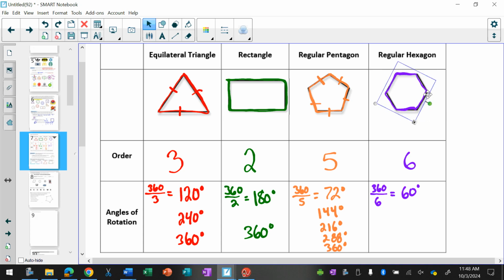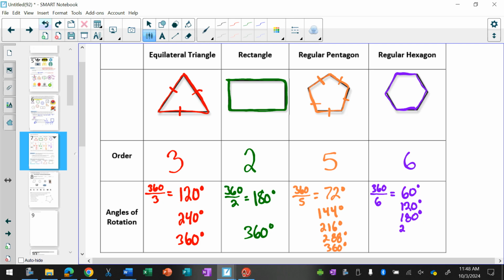So a second 60 degrees means I've turned it a total of 120 from the original position. And the third 60 degrees means I've turned it 180 compared to its original position. And then another 60. Sorry, I accidentally said 30.